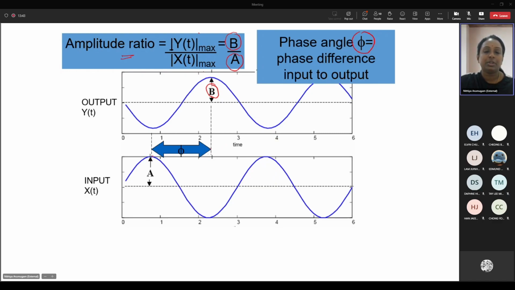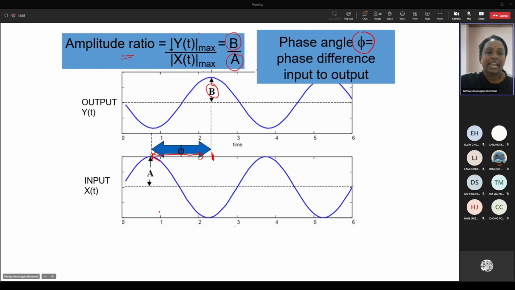Anyway, the value is going to be the same because their frequency remains constant. So the difference between the peak output and peak input, this thing we call the phase angle. So where to apply all this, we will be looking into that later.